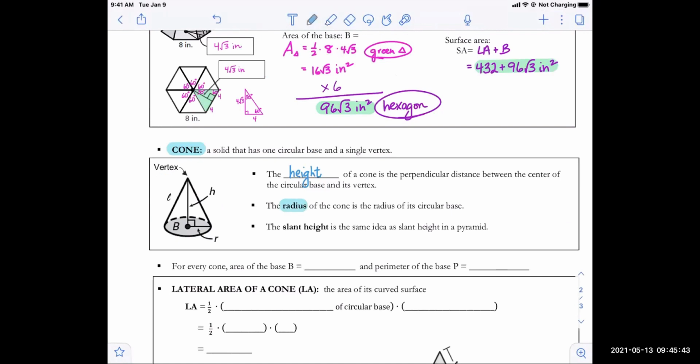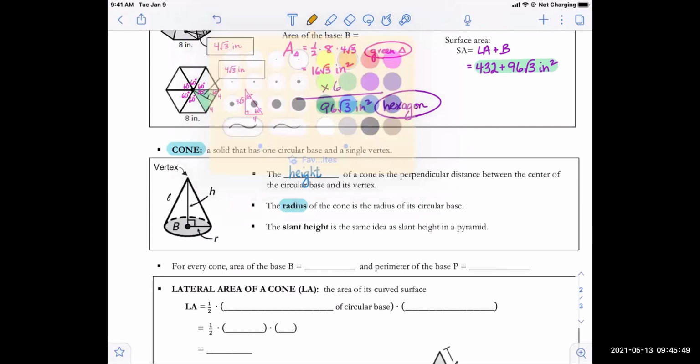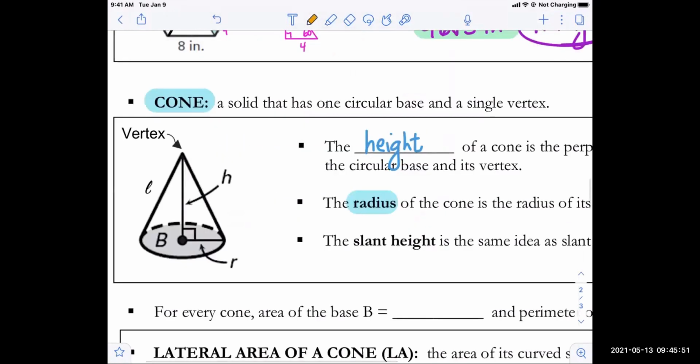And then again, like a pyramid, a cone is going to have a slant height. So the slant height will be, if you look at it from the side here, that's going to be your slant height. So either of those is your slant height. They've got it drawn over here, but both of those are slant height.